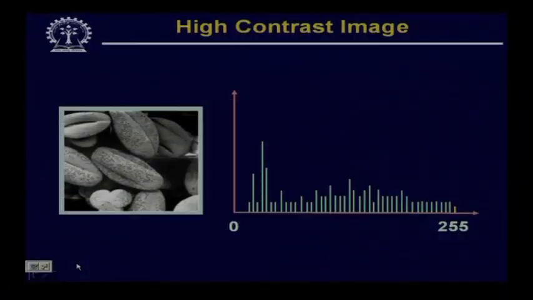It does not tell you anything about the content of the image, and that is quite obvious in these cases. Just by looking at the histogram, we cannot say what is the content of the image. We can just have an idea of what is the global appearance of that particular image.